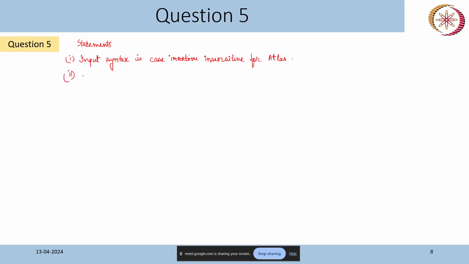Next statement is, input syntax is case sensitive for Atlas.